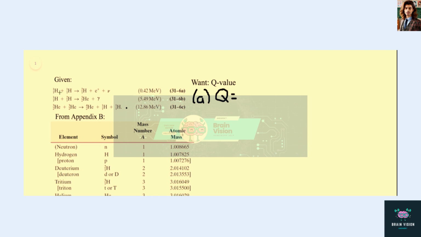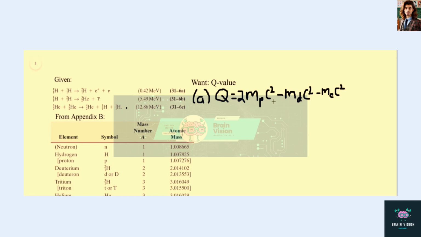So here we have two protons, let's say 2m sub p, multiplied by c squared, minus the mass of deuteron, m sub d, times c squared, minus the mass of the positron, which is in fact equal to the mass of the electron, by c squared. And the neutrino doesn't have an atomic mass, so it doesn't show up in this equation.